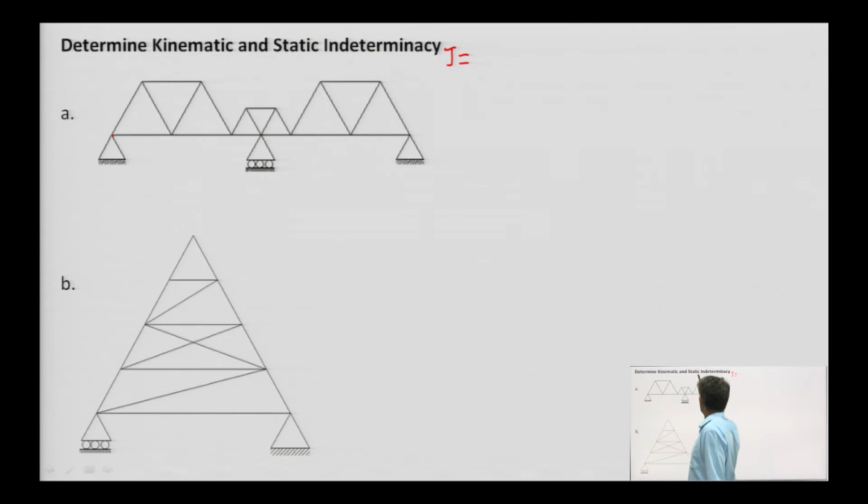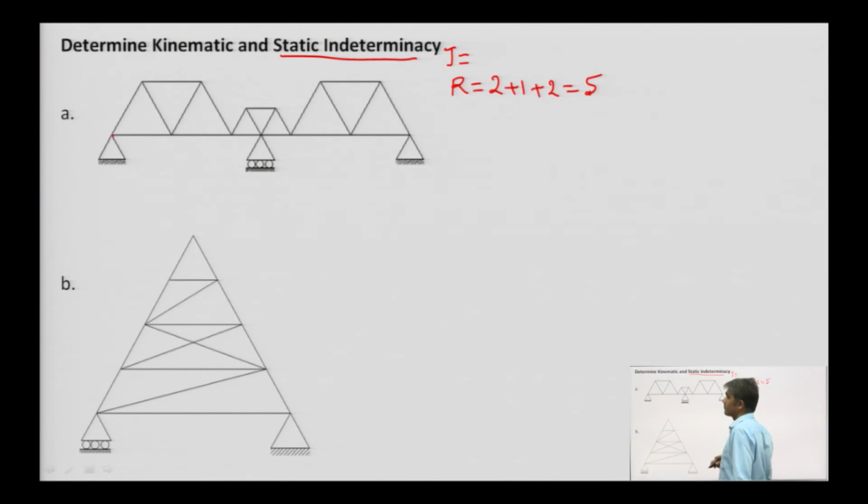Okay, let us calculate static indeterminacy first of all. So, calculate the value of capital R. 2 here, 1 here, 2 here. So, 2 plus 1 plus 2 comes to be 5.